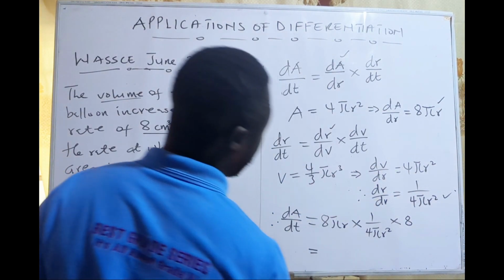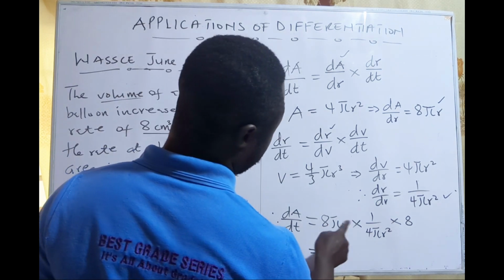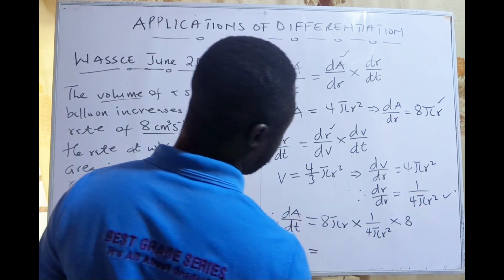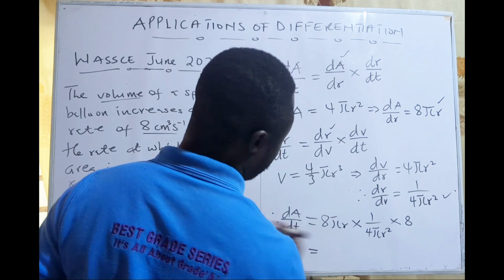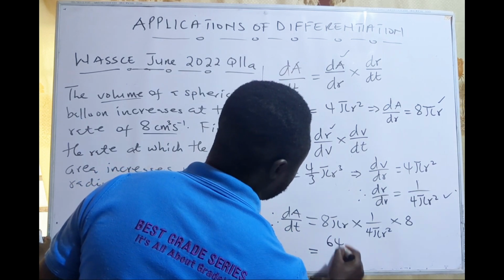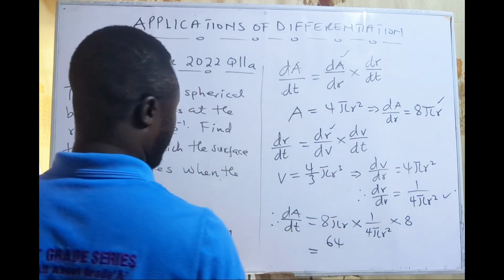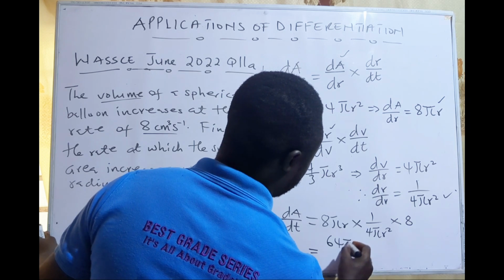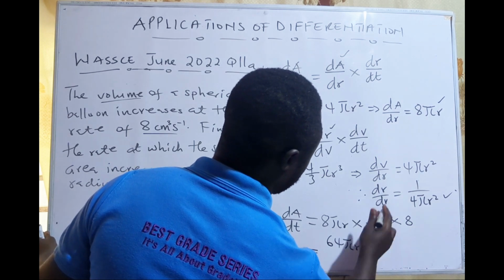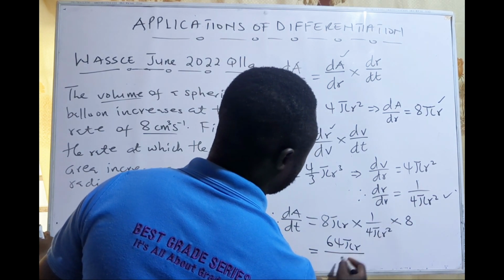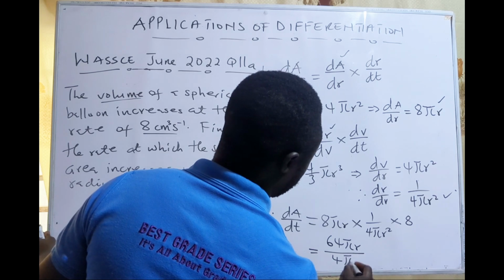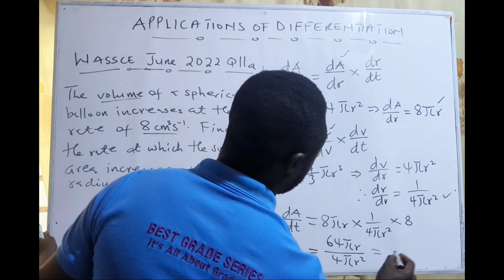If you multiply the numerator, 8 times pi times r times 8, 8 times 1 times 8 will give you 64, times pi, times r times 1. Then the denominator gives you 4 pi r squared. So this is what we can have.